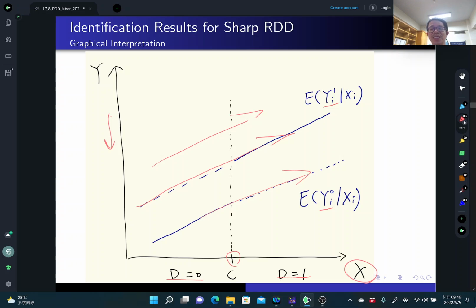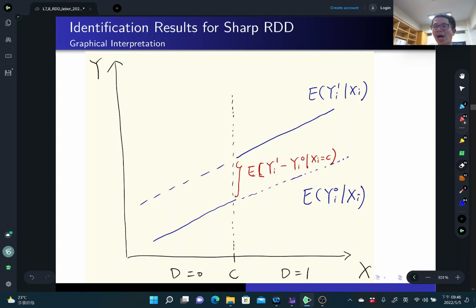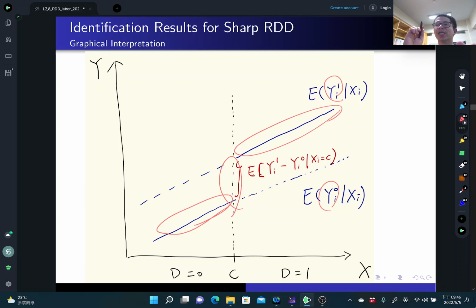So this assumption implies that anything we find for the observed outcome, this discontinuity, is not due to the potential outcomes value having any discontinuity at the cutoff. It is just due to the treatment status, because after the cutoff, you get a treatment, so Y1 realizes.